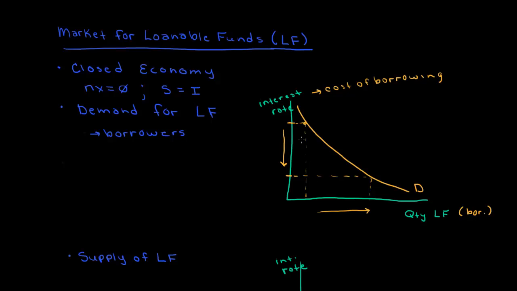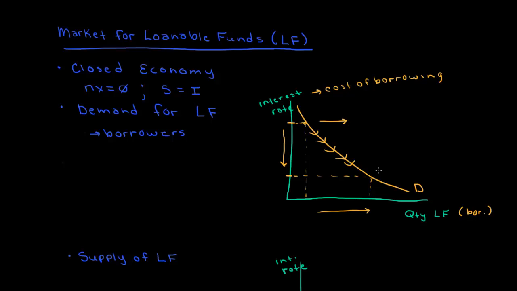So a change in the interest rate will be represented by a movement along the demand curve. If something happens that will give the borrower the incentive to borrow more money at each and every interest rate, then you would have an increase in demand.